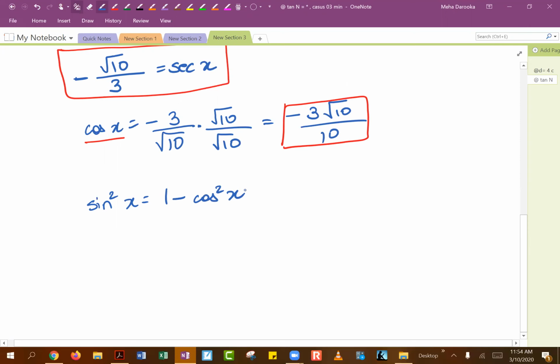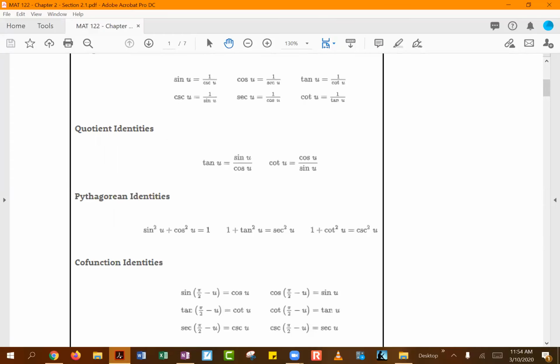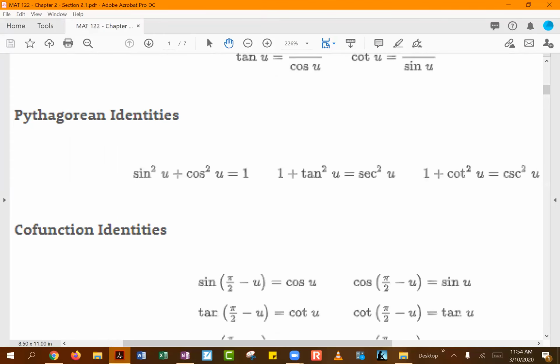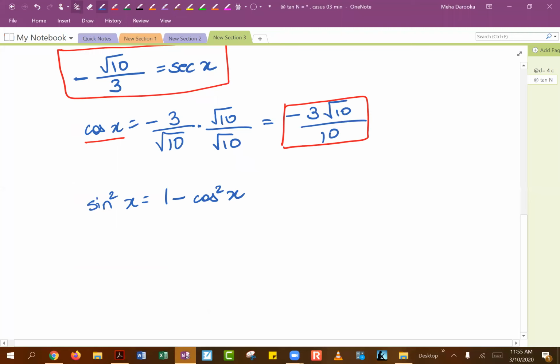Does that make sense? Okay, let me pull that one up again. So this is the identity we're looking at. This one right here. You're trying to get the sine square by itself, which means you start by subtracting that cosine square to the other side, right? So that's kind of what we're doing here. And which gives you sine square equals 1 minus cosine square of x.